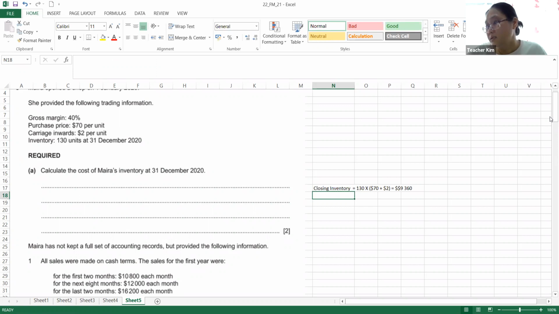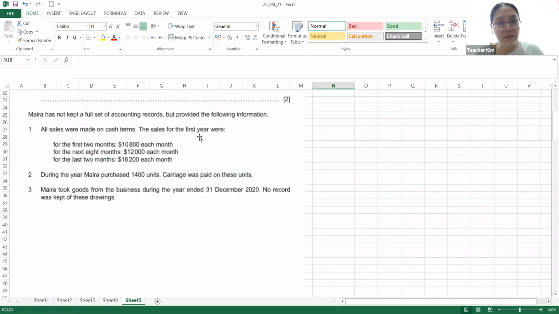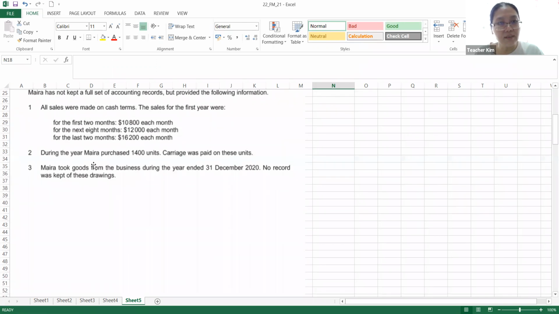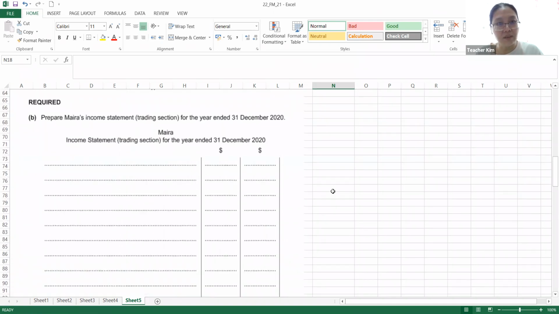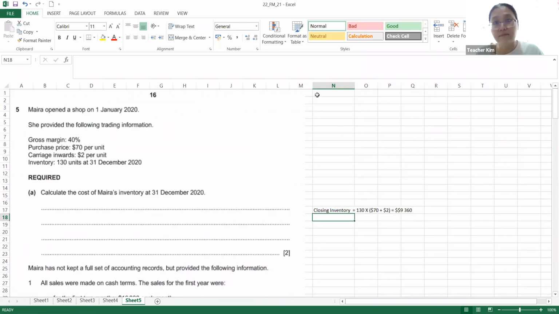The next one, they ask to prepare the income statement, trading section. Maria has not kept all the sales records made in cash. These are the sales for the first year. This is the sales amount during the year; purchases 1,004 units, cash was paid on this. Maria took goods from the business and no recording has been made. So we put here the income statement, trading section.